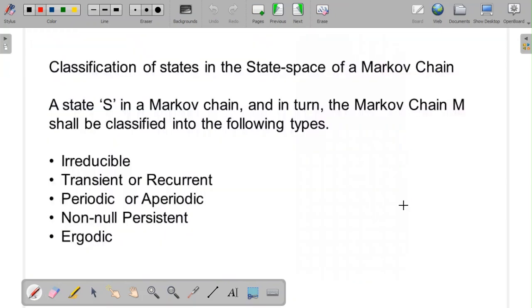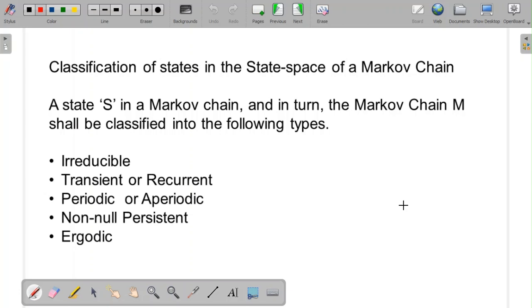Now, next we will try and classify the various states in the Markov process. The states can be given any names. We can call them A, B, C, we can call them under pressure, neutral, or excited, like the examples I gave you. But in general, we classify a state of a Markov chain into the following types.